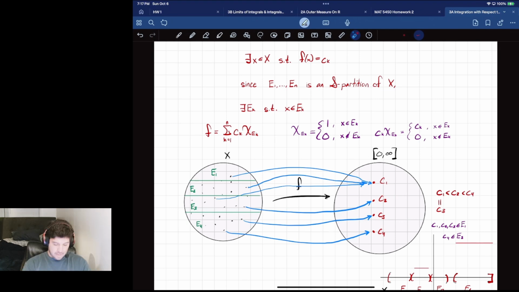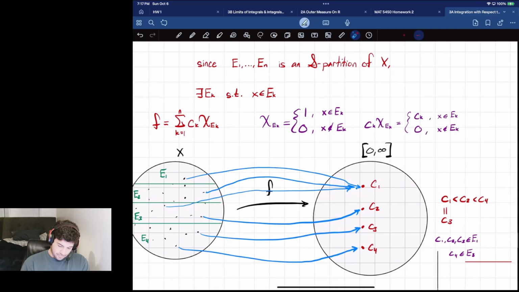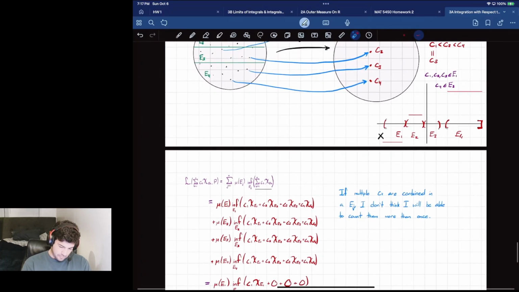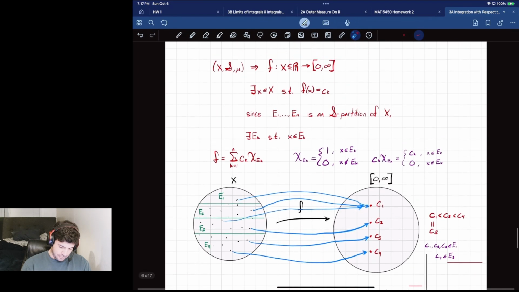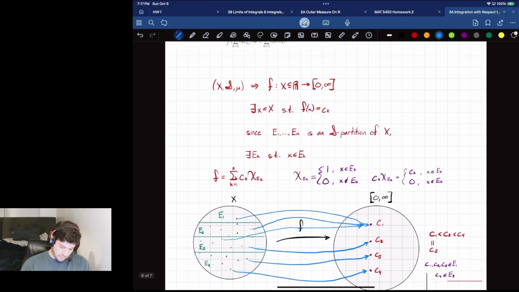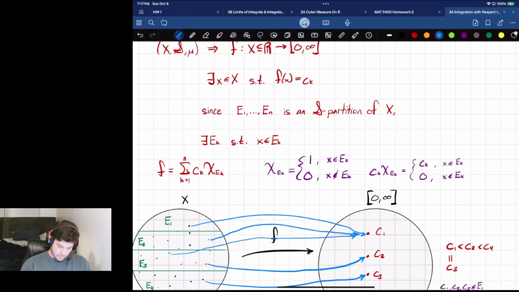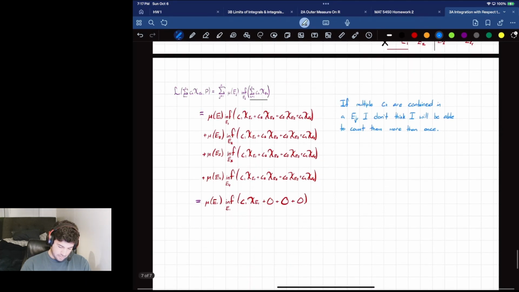Okay. Alright, so I made a mistake last time. So it's not true that CK has to be an EK. What's true is, so this is not true.